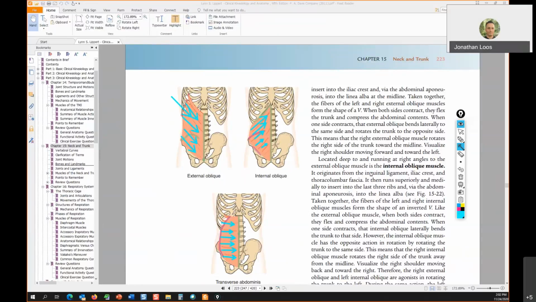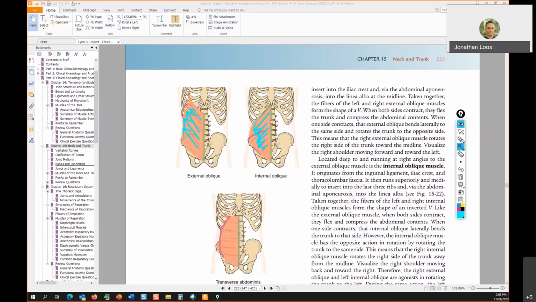Actually, I have these arrows drawn backwards, so it's actually going to do this. What the internal oblique will do is contract, and it will do lateral flexion if it's unilateral, but it'll also pull you down into that position.